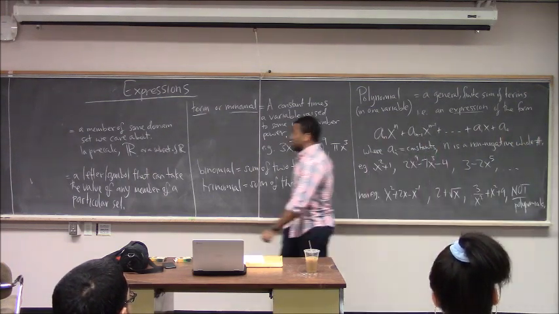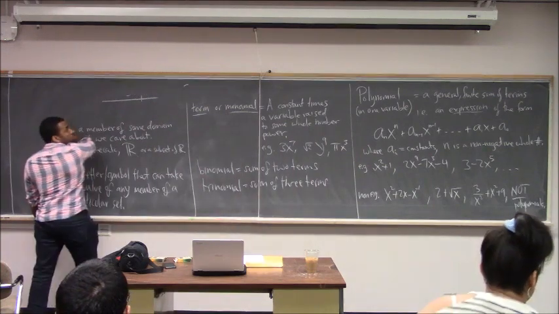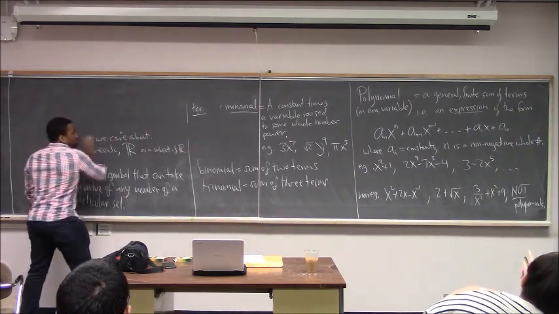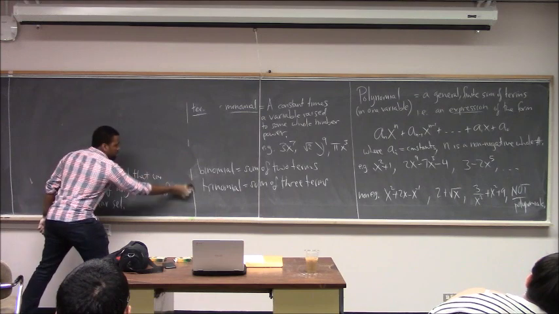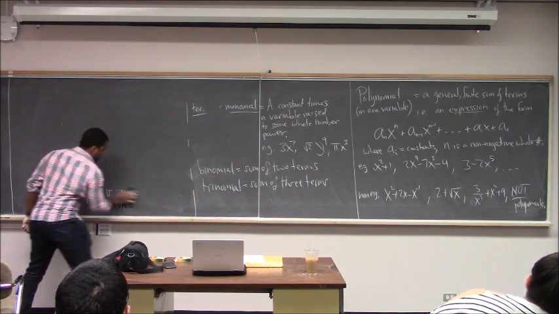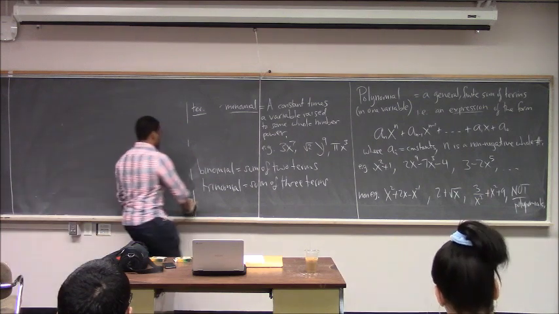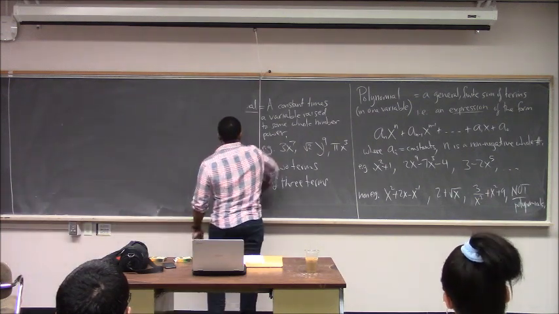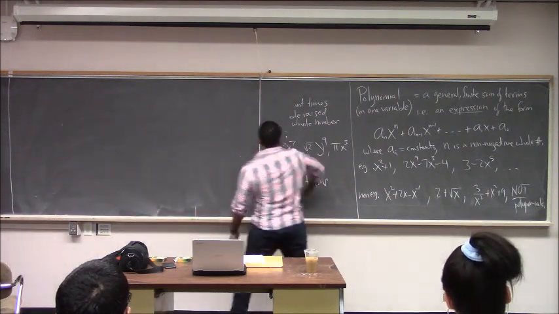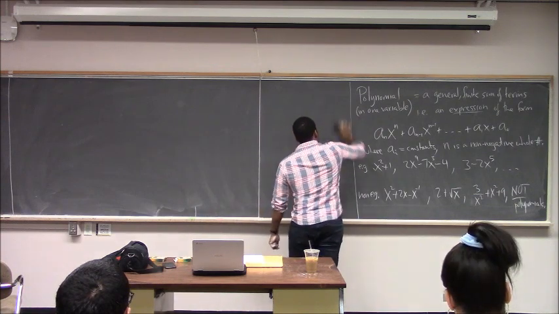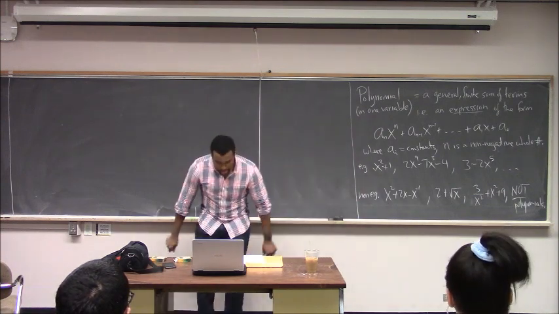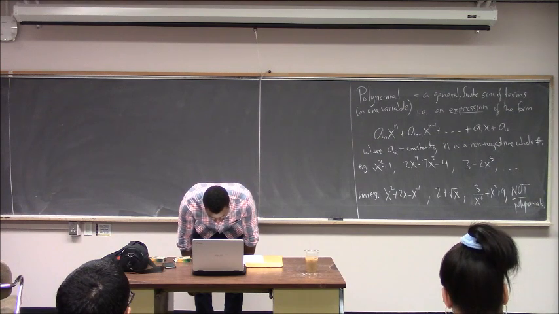You can plug in any constant and they will produce a meaningful output. So a lot of functions will have issues, but polynomials won't. These are some phrases, so whenever I use any of those words, you should know what I'm talking about.